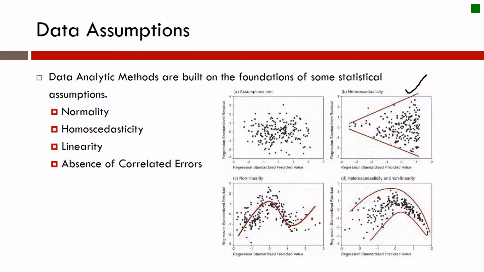Another assumption that we'll deal with is called linearity. So there needs to be a linear relationship as opposed to a curvilinear relationship between the variables. And then finally, when we deal with multiple variables, the error that is associated with the variables, because every variable has a bit of unexplained variance in it.